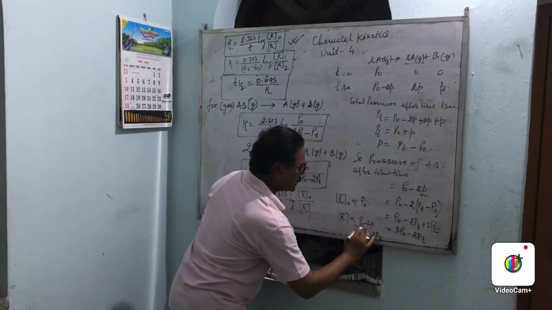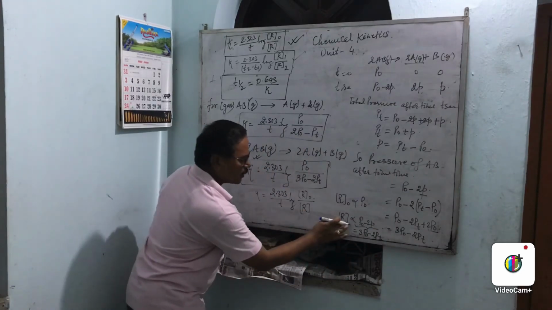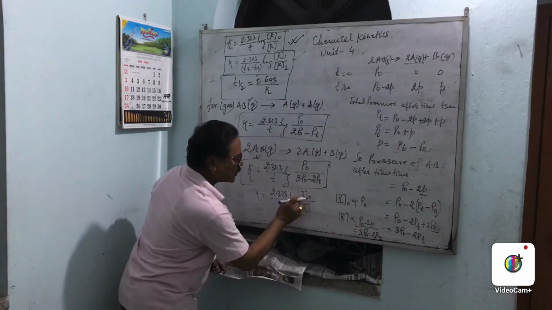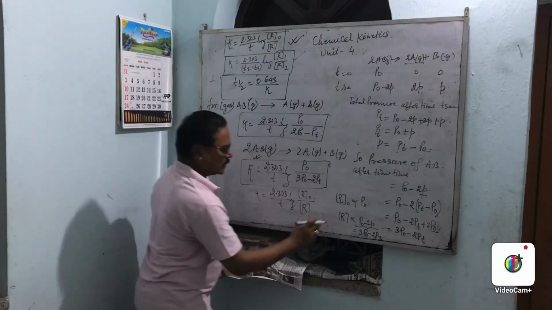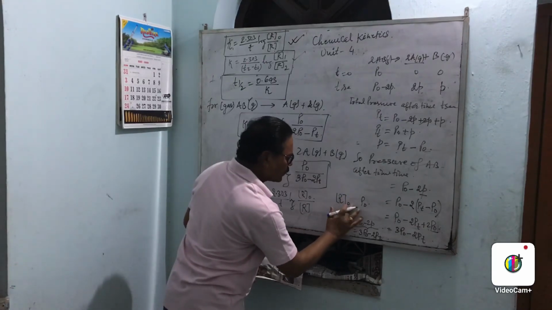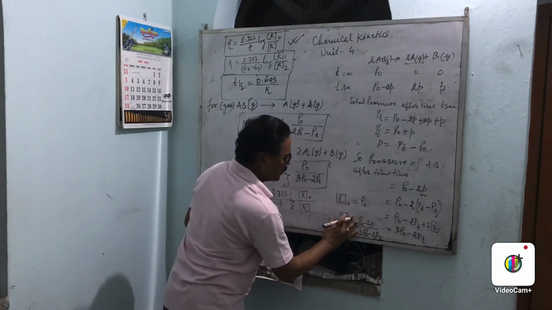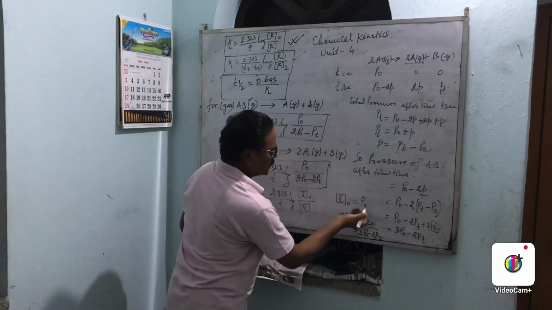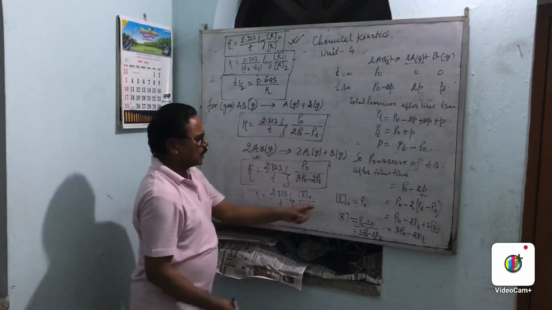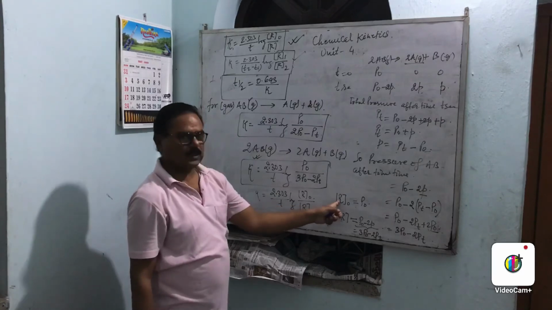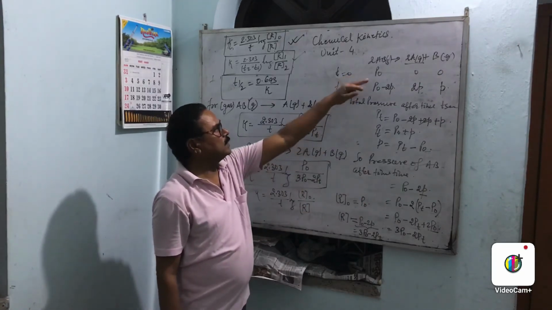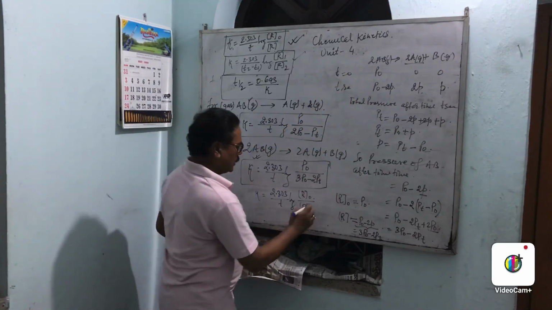So for this we can write this value, and for this we can write this value. Is it clear? If you have confusion, then we write like this. R naught is the initial concentration and P naught is the initial pressure, that's why we write here.